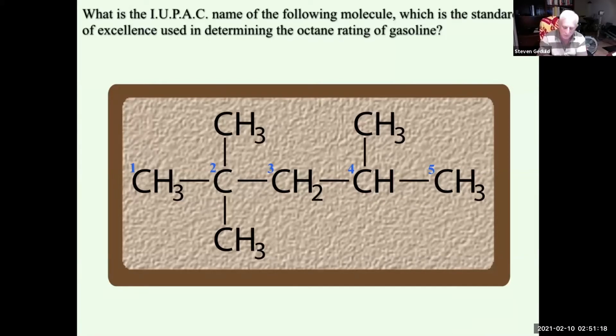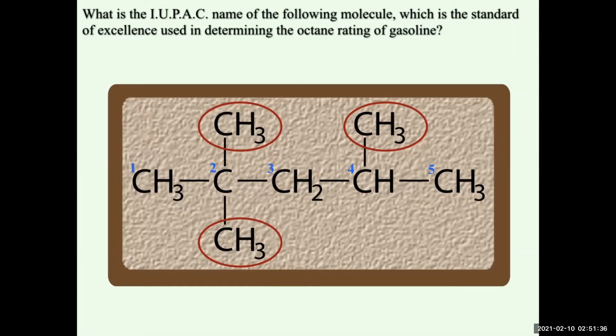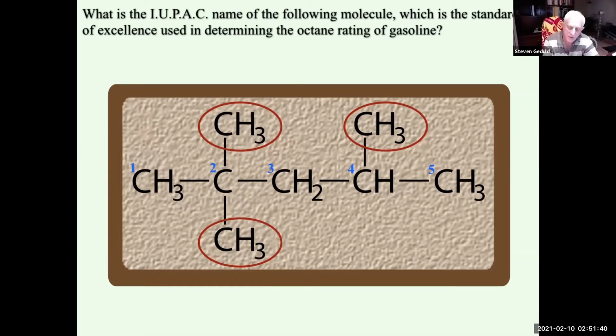This is how they rate your gasoline. And you have 3 attachments to that 5-carbon chain. So what's the name of the 5-carbon chain? What's 5 carbons? Is it peptane? Pentane, right? Like a pentagon, five sides. So it's pentane.